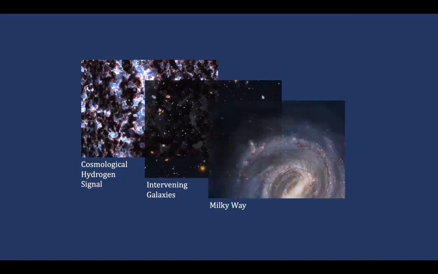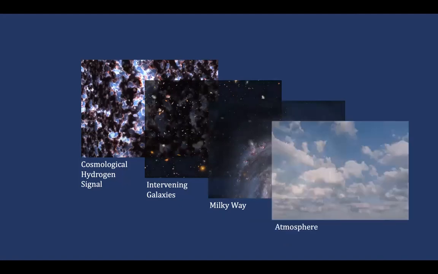We also have our own galaxy, the Milky Way, which once again produces radio light. So this is lying on top of that image that we want to make. And these intervening galaxies and the Milky Way together at radio wavelengths are over 1,000 times brighter than the signal we're looking for. So you're trying to find something very faint that's also obscured by something bright. So it's quite difficult in that way.